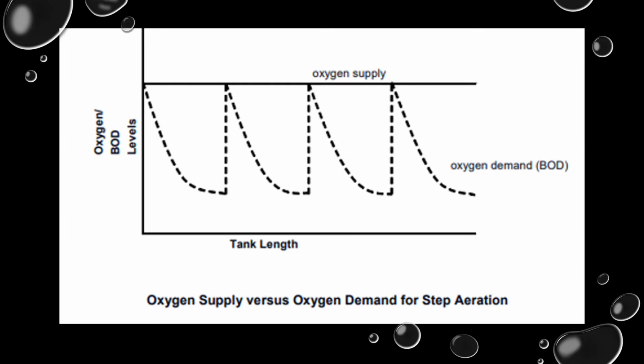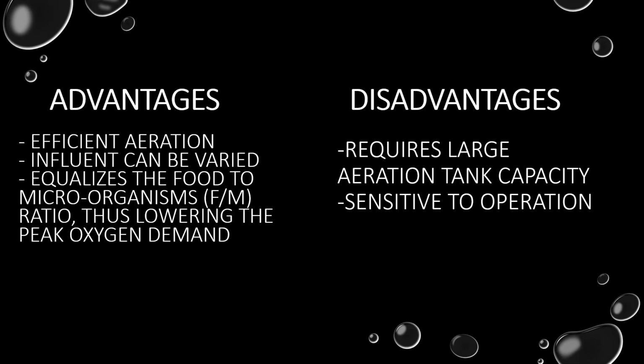Now we move on to its advantages. First, the BOD distribution is uniform, which means efficient aerating of the wastewater because the oxygen supply along the tank is sufficient for the BOD at every point of entry. The percent of the primary effluent distributed to each location can be varied to optimize process performance.